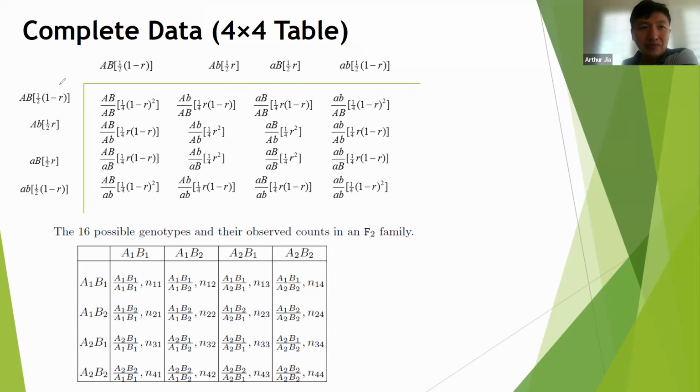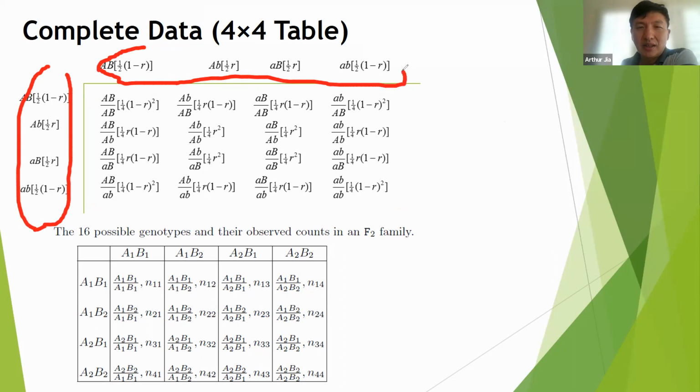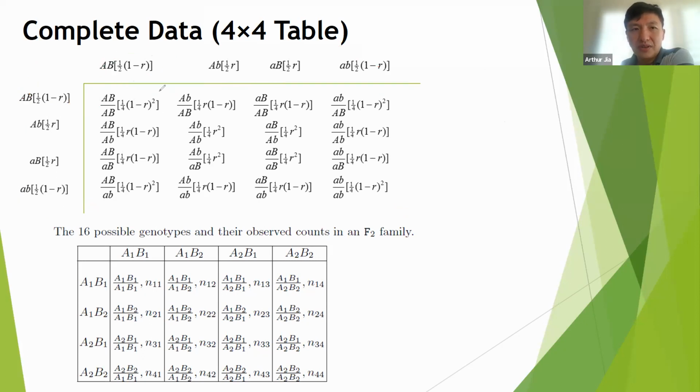Now we consider that, randomly, each of these gametes from one parent can come together with any gamete from the other parent. Then we can generate this 4x4 Punnett square.